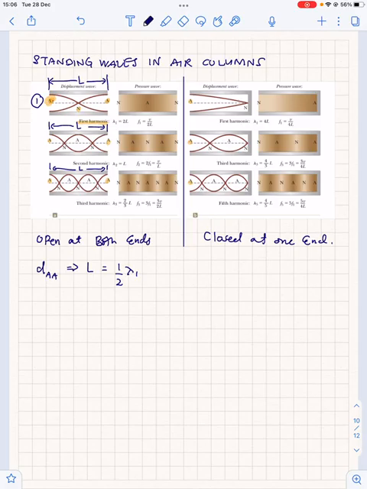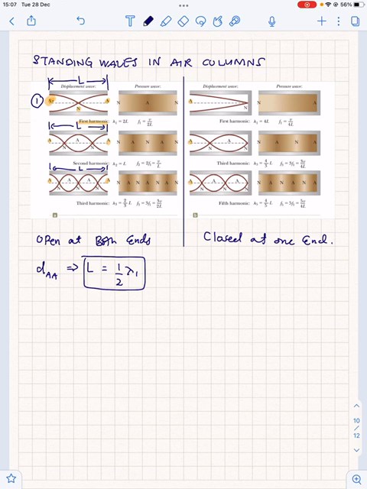Okay, so this is what we have in the previous one, which is standing wave on a string. In our case here, we are going to have lambda in terms of L. Previously, we had L in terms of lambda.